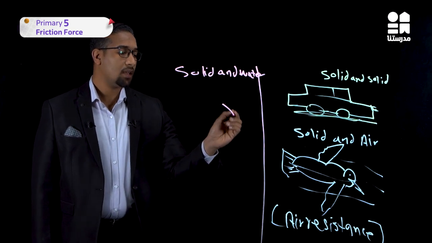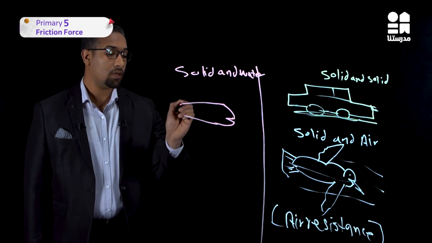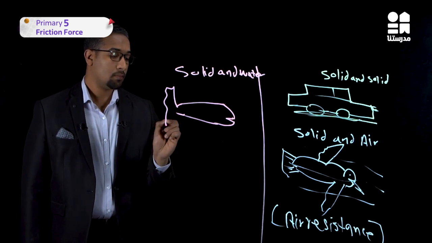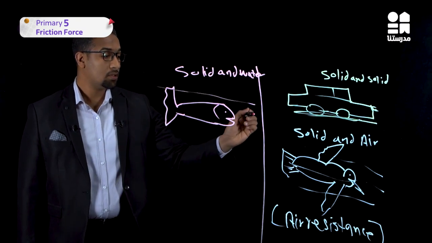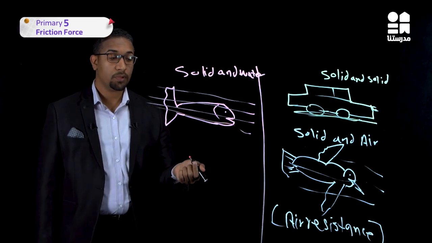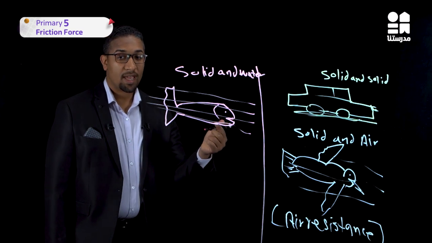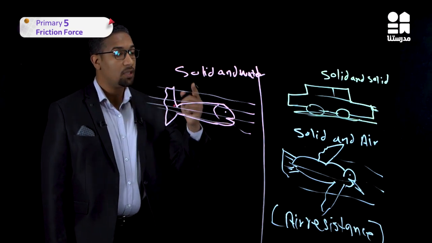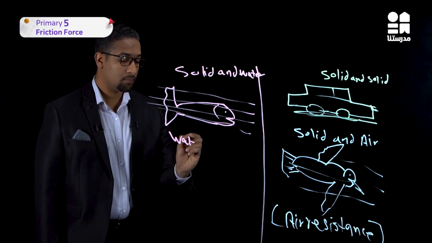So let's draw something like a fish swimming in water. So here is the water. So the friction here between water and a solid body, the fish, and this type of friction between solid and water is called water resistance.